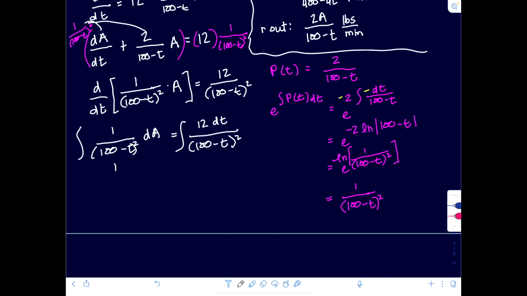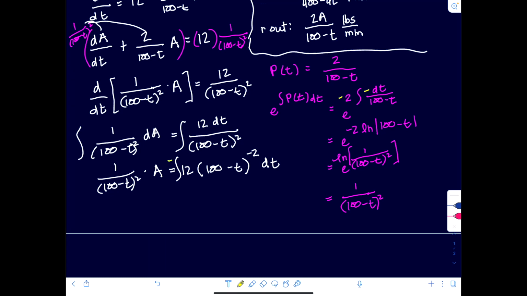Now the right side, you've got a quantity 100 minus t raised to the negative 2, right? So you're going to have 12 times quantity 100 minus t raised to the negative 2 dt that needs to be integrated. And so I need a negative dt, right? So I got to adjust again by a negative on the outside and a negative on the inside, which I'll put with that dt in order to be able to integrate.